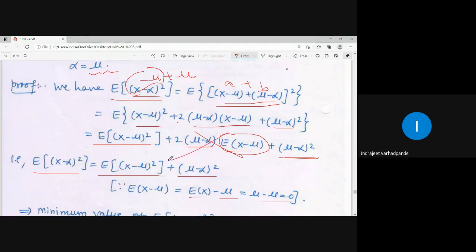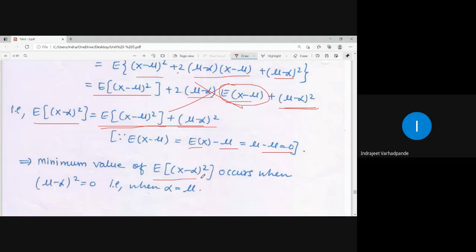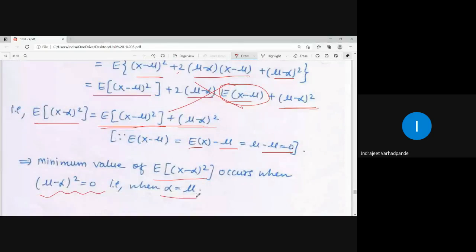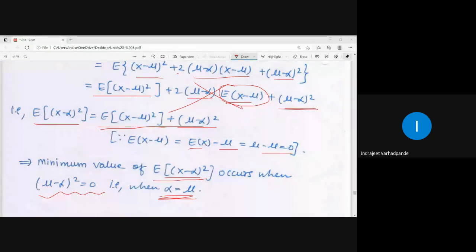So this term vanishes. Only this is left. So the minimum value of x minus alpha whole square is when this is equal to 0, right? So it is 0 when alpha is equal to mu. This is what they have tried to prove, that the minimum value of x minus alpha whole square occurs when alpha is equal to mu. And we have also tried to prove that accordingly, in line with the statement of the theorem. So these are certain results.